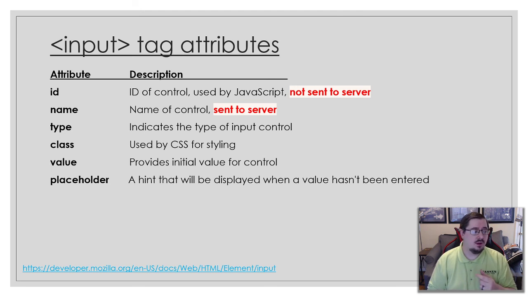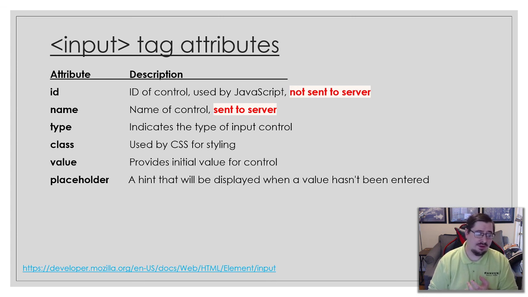Now, a common mistake and thing you want to know for sure, the ID is not sent to the server. Whatever value you put there is not going to make it to the server. That ID is used for our JavaScript code primarily, and maybe our CSS.